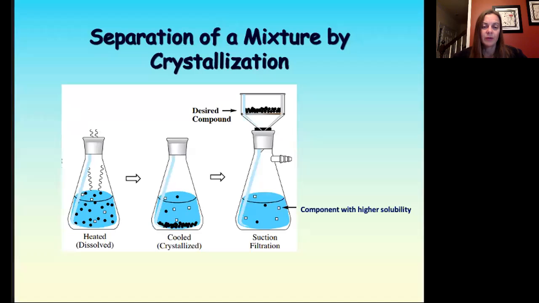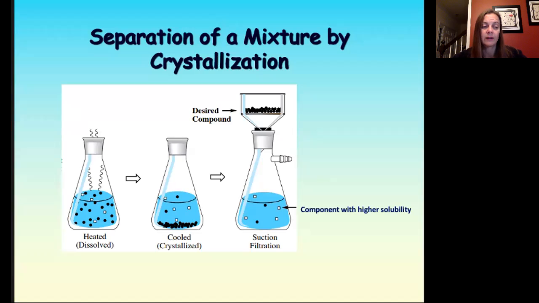Okay, we can also separate a mixture by crystallization. This can be as simple as cooling a saturated solution to the point where the solute starts to crystallize out and then collecting those crystals, or we can actually use differences in solubility to separate two different solutes.